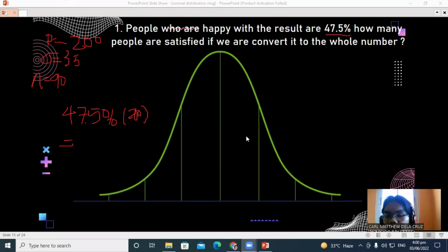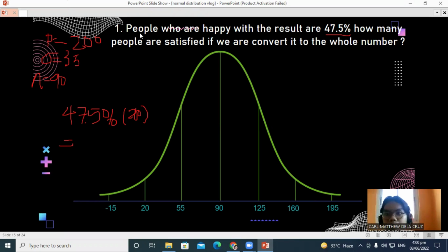Before we reveal the answer, we need to put our bell curve perfectly, with the mean of 90 plus 35, 35, and another 35 for the right. And for the negative part, minus 35, 35, and 35.